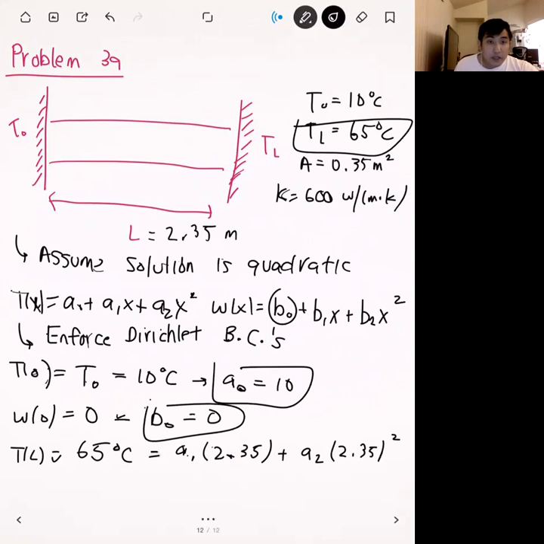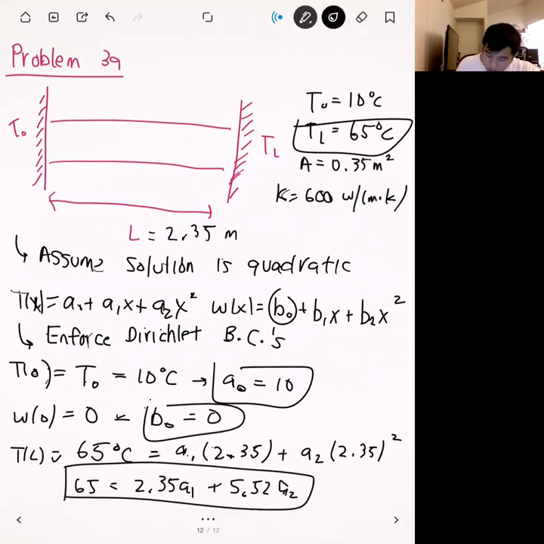And so what we get from this is basically 65 is equal to 2.35 A1 plus, was it 5.52 A2, okay? And so now we have another equation here, right?